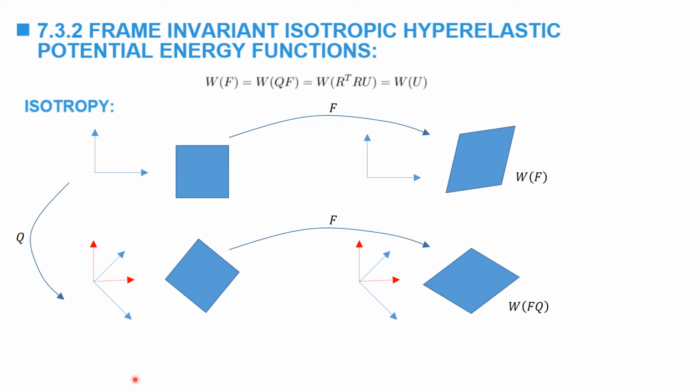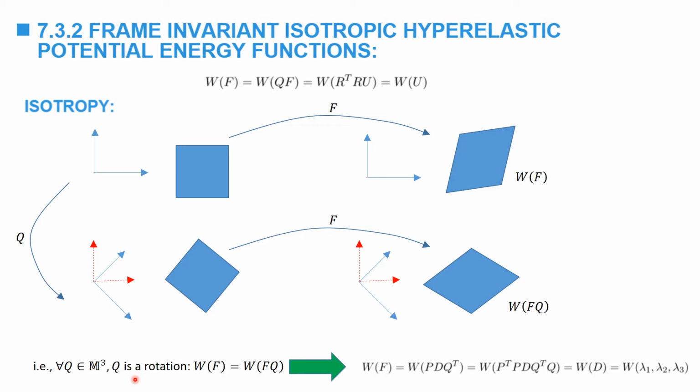If the material is isotropic, then the final energy should be the same whether it's W of F or W of FQ. This leads to the following mathematical statement. For every Q, where Q is a rotation matrix, W of F is equal to W of FQ.